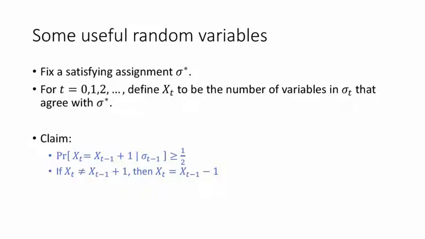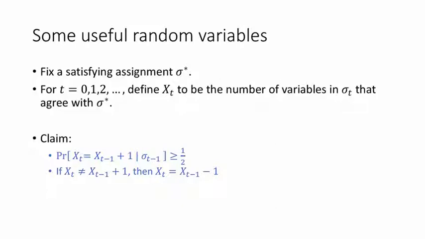Now, for t equals 0, 1, 2, and so on, let's define a random variable x sub t, which is equal to the number of variables in sigma t that agree with this satisfying assignment sigma star. Notice that if x sub t becomes equal to n, then that means that we've, in fact, found sigma star. All of the variables agree.